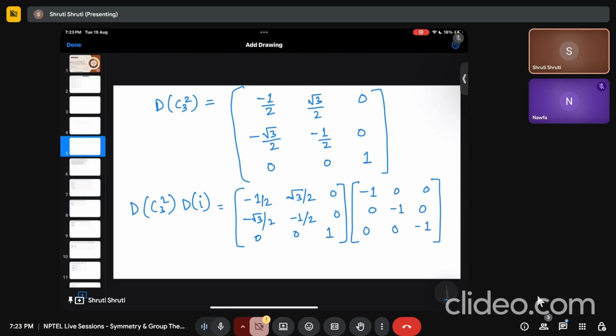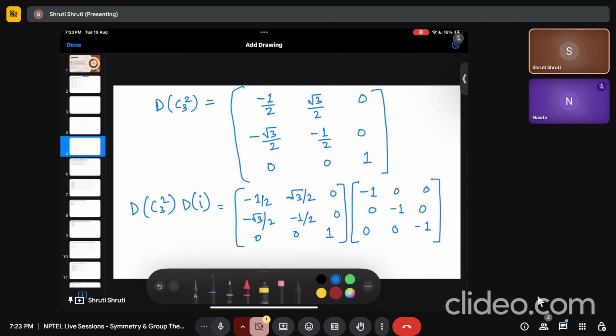Now the quick trick for multiplying this is that the diagonal elements get multiplied. Since the rest of the elements in this matrix are 0, when you multiply with the corresponding elements in this matrix and add, it will be 0.